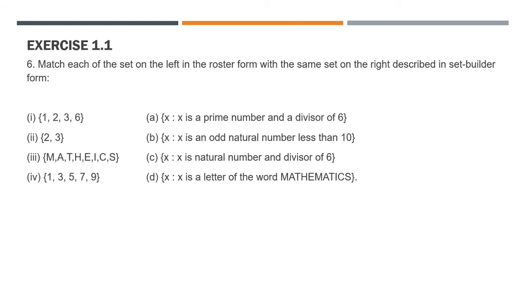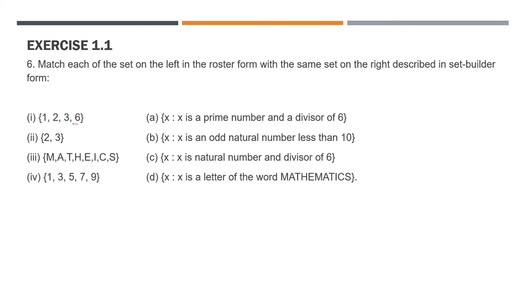Next, match each of the sets on the left, in roster form, with the same set on the right, described in set builder form. First one is the set 1, 2, 3, 6. So, we will see A, the first option. A is the set of all x such that x is a prime number and a divisor of 6.